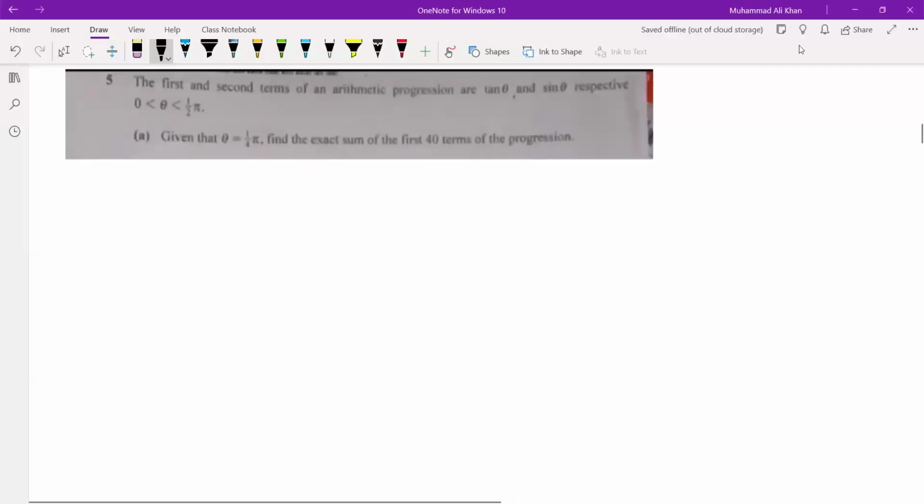Now, what we have in question number 5, the first part is a question of series. The first and the second term of an arithmetic progression: the first term is tan theta and the second term is sine theta.